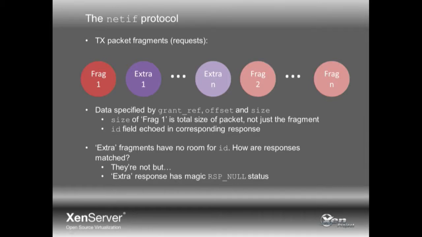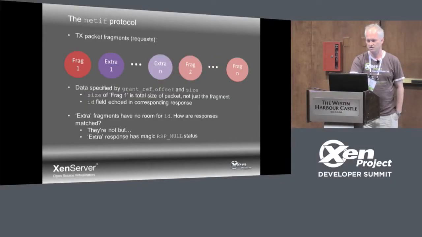Those go strictly between the first data fragment and any subsequent data fragments. There may be no subsequent data fragments, but that's the position in the chain they sit. Extra fragments are there for carrying metadata about the packets. So for instance, in a GSO/TSO packet, you'd have a value for the maximum segment size that the GSO needs to be fragmented into, and that will be carried in a metadata extra fragment there.